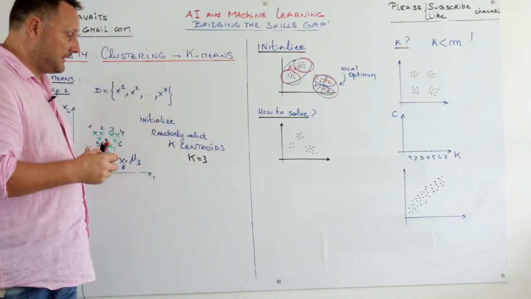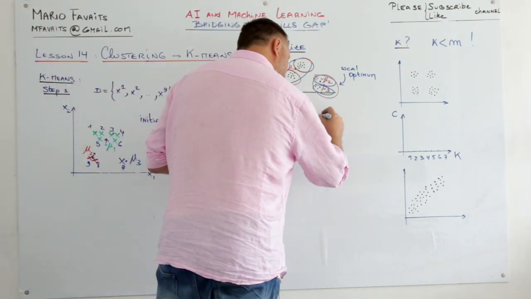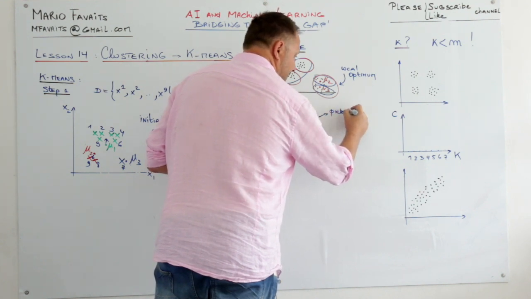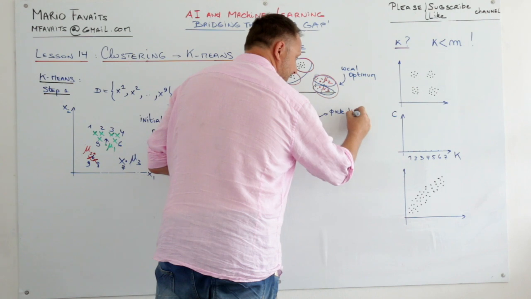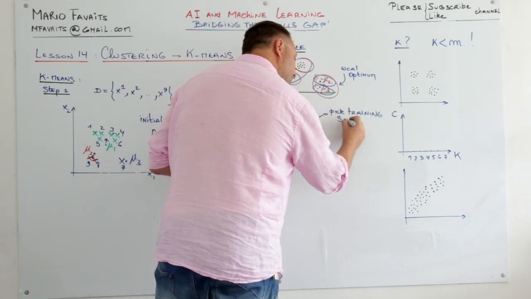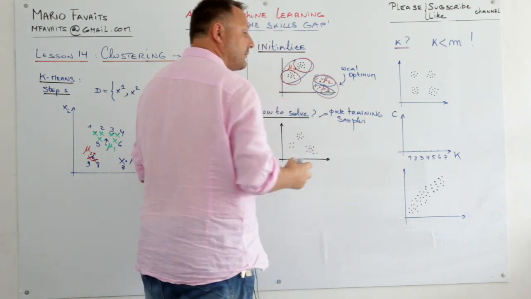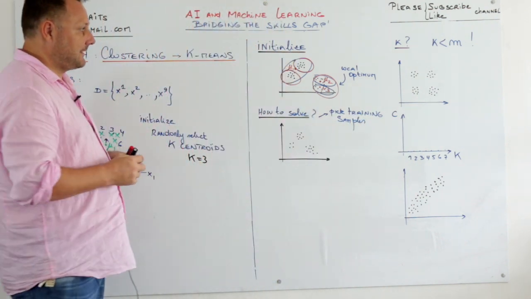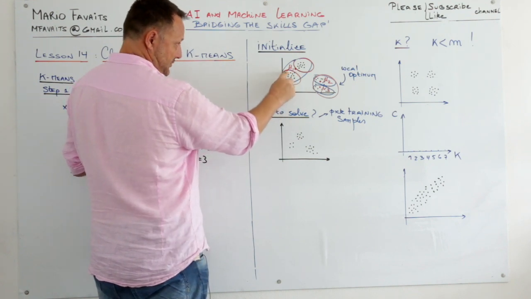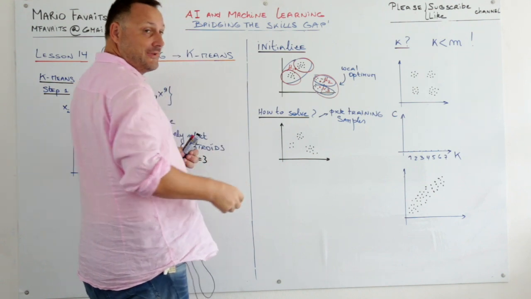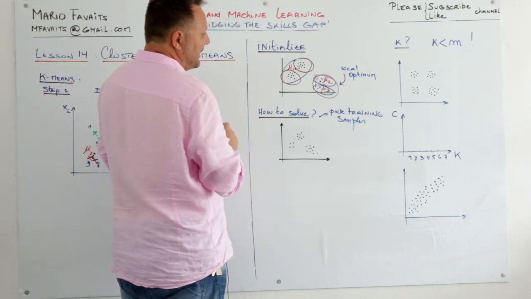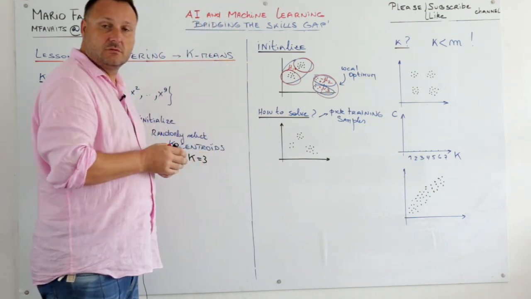So you could get stuck in a local optimum. How to solve? Well, one way is to pick training samples as your centroids. In this case your mu will basically be on a point, but you could still have issues.